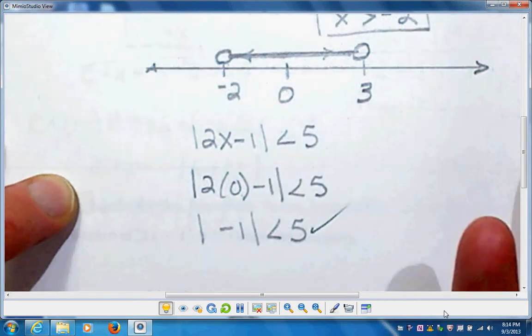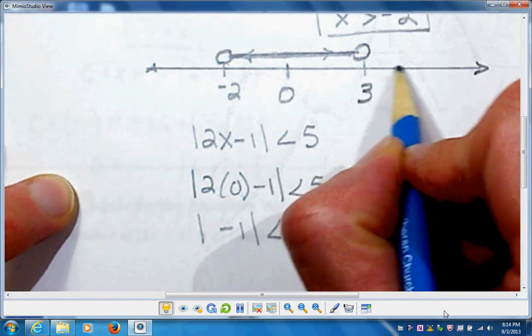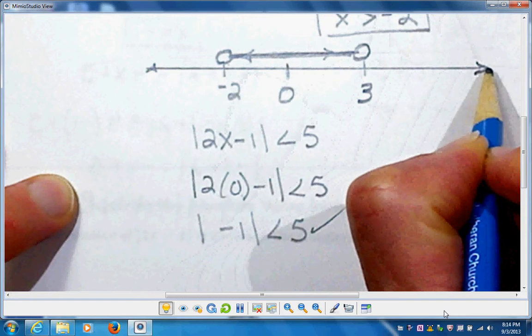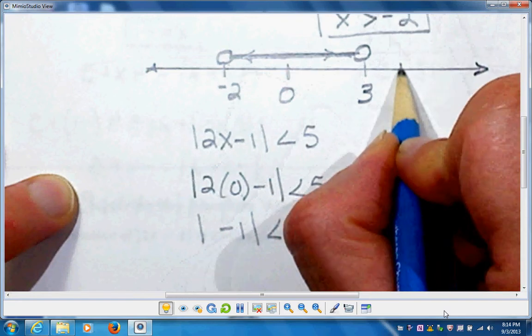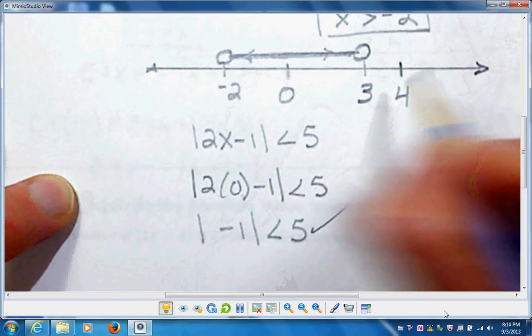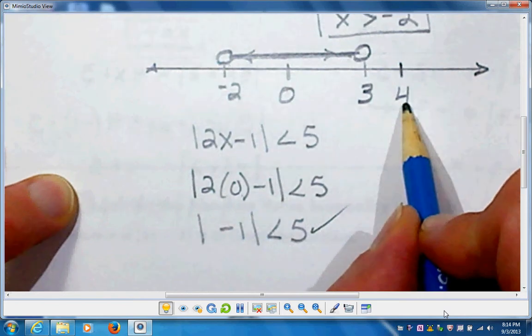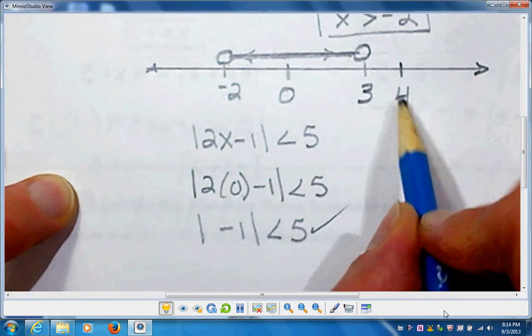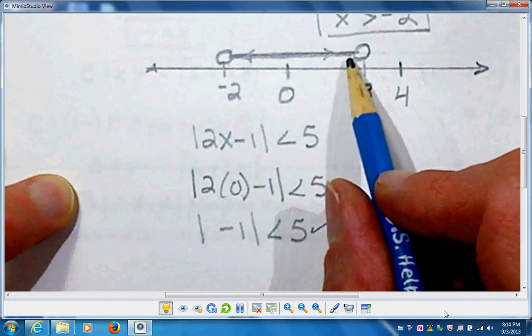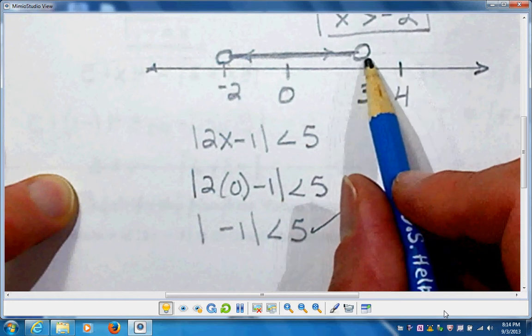But let's just say we're not quite sure. Let's pick a number outside our answer interval, the next integer up, which happens to be 4. 4 should not work according to this graph. It should end right before we get to 3.